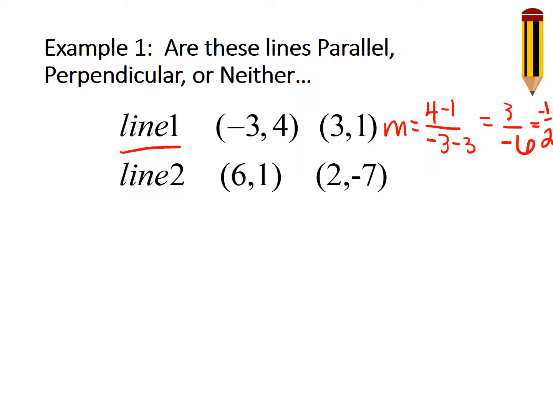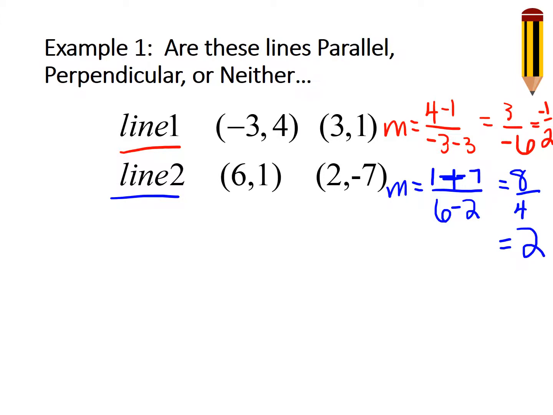And if I do line 2 in blue, my slope is going to be 1 minus a negative 7 all over 6 minus 2. You guys, when we take a minus a negative, that turns to a positive. So my top becomes 1 plus 7, which is 8, all over 6 minus 2, which is 4, which is 2.